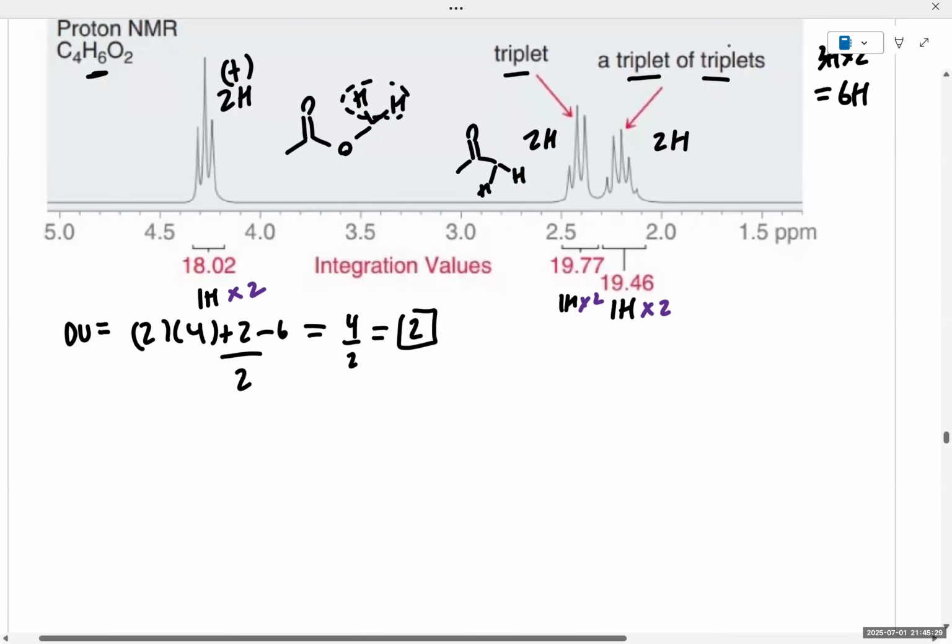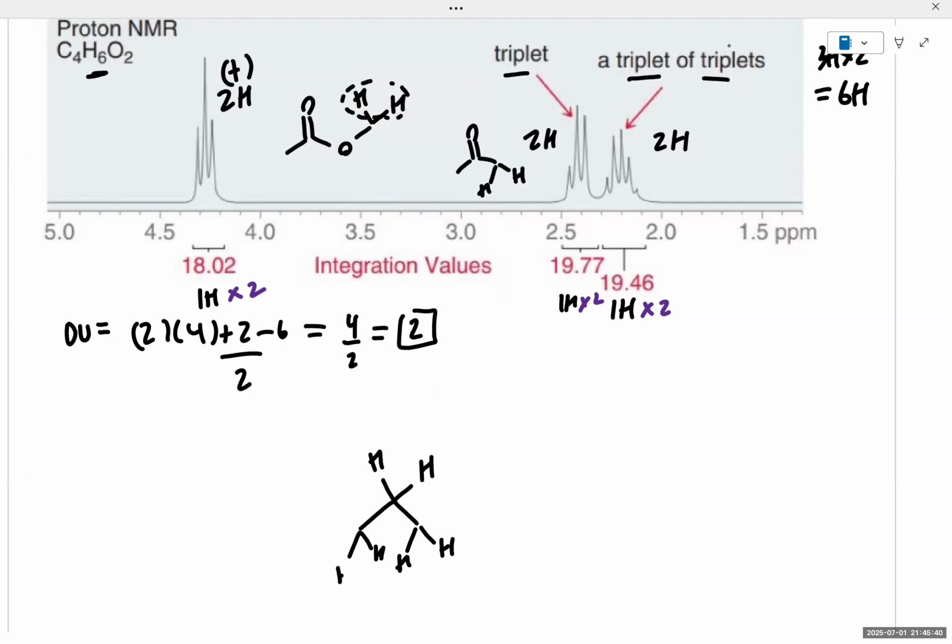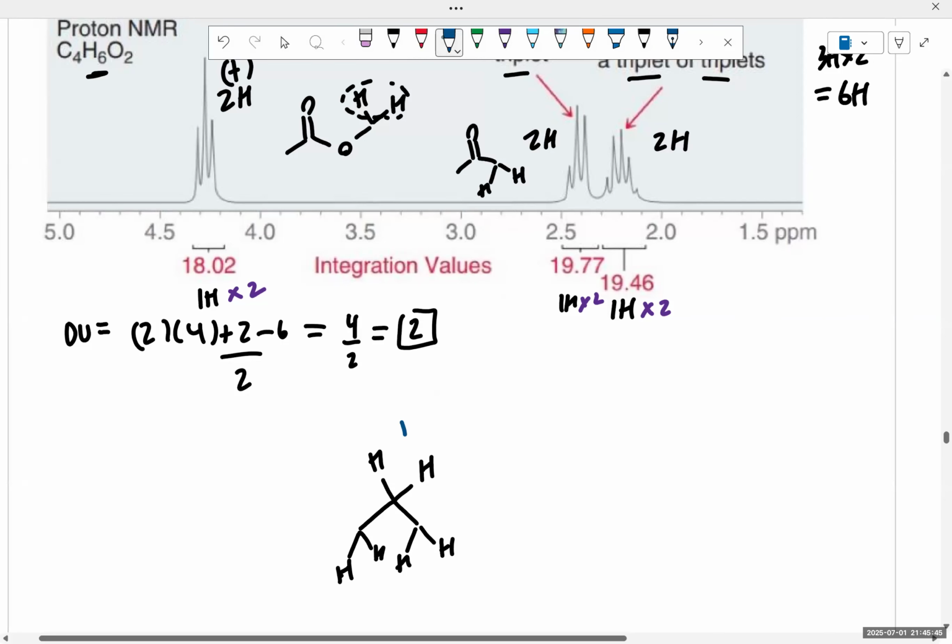Okay, what we can determine as well is this triplet of triplets tells us that we have a CH2 group that's adjacent to another CH2 group that's adjacent to a second CH2 group. That would explain why we have a triplet of triplets, a triplet, and another triplet.